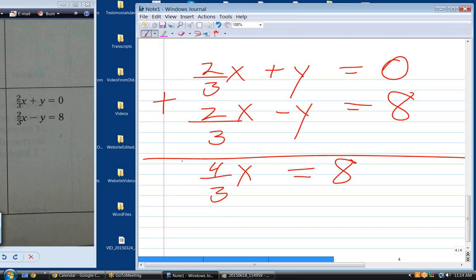But if I'm just trying to solve this equation for x, what's your first step? Get rid of denominators. Notice that if I get rid of the 3, I'm not going to have any fractions anymore. So it's easier if you don't work with fractions, right?